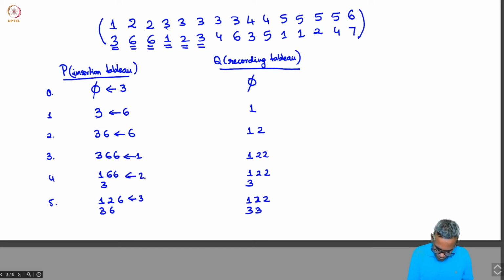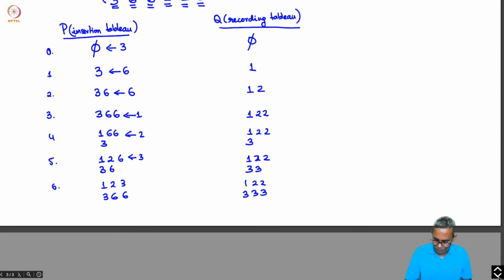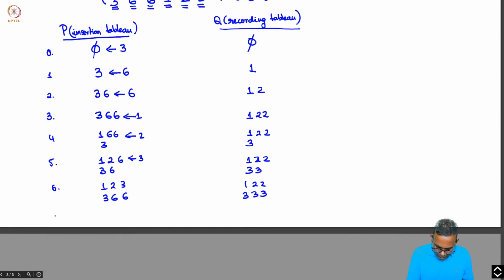Sorry, this here was a 2. Now I'm putting the 3. And I get 1, 2, 3, 3, 6, 6, and this is 1, 2, 2, 3, 3, and this 3 also came with the 3, so I get a 3 here. I can continue in this manner.